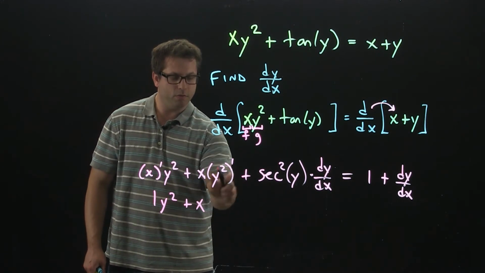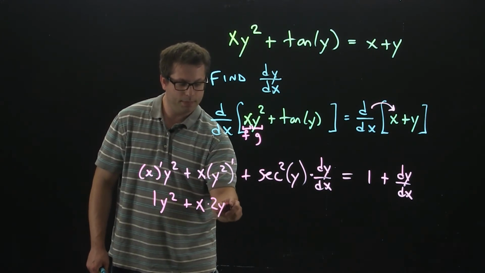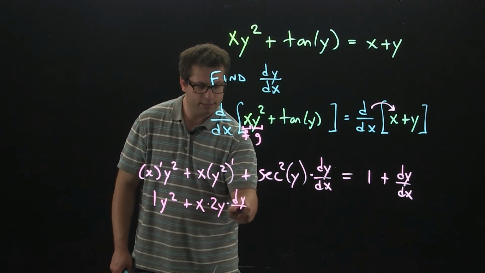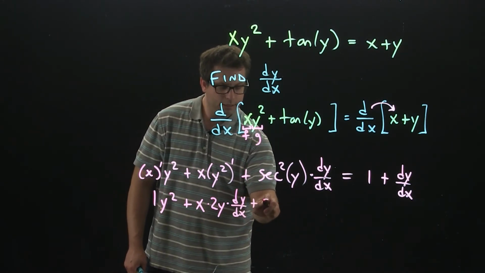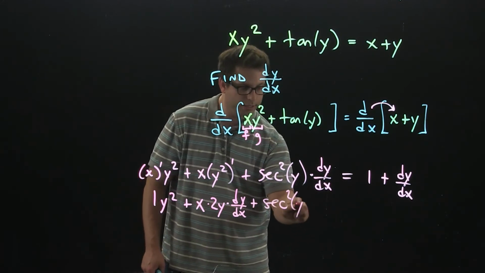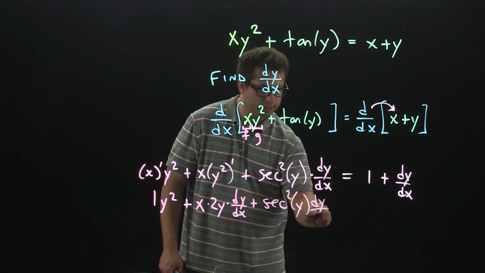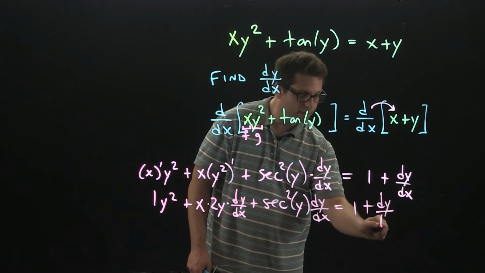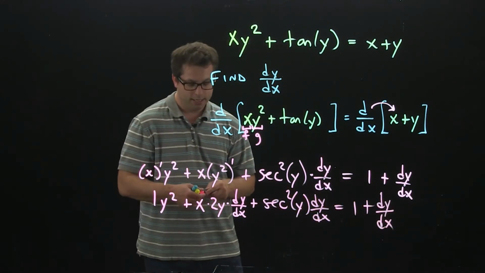Then derivative of y squared is going to be 2y. And then multiply by the derivative of y, so that's dy dx. That's secant squared y dy dx. 1 plus dy dx.